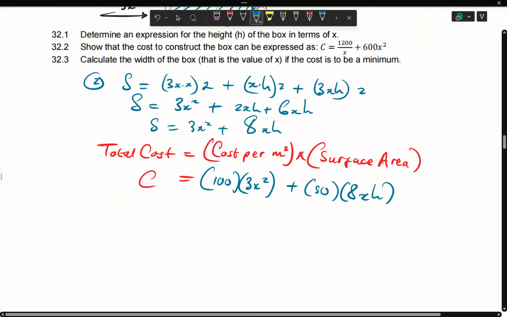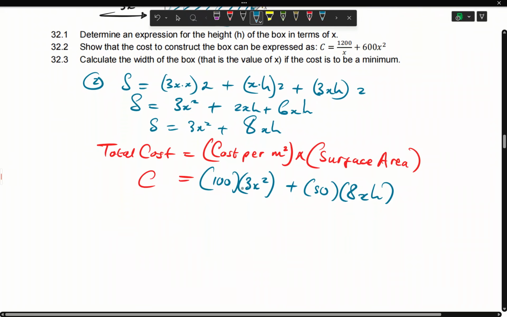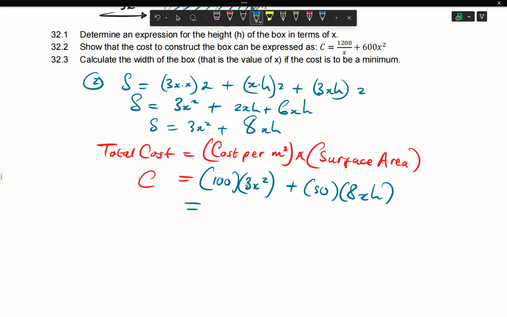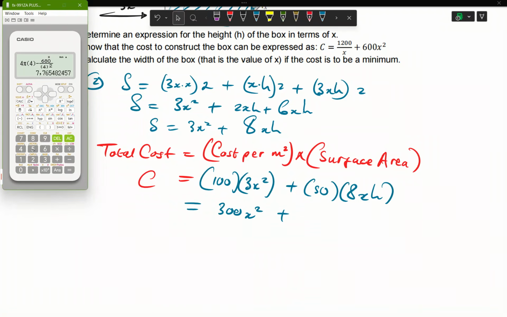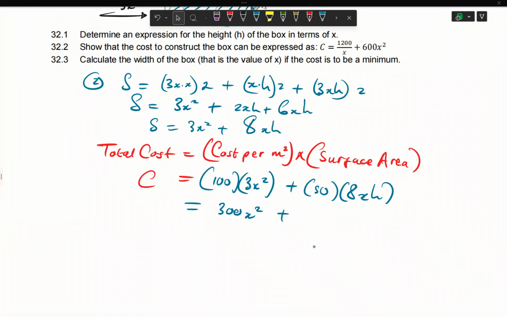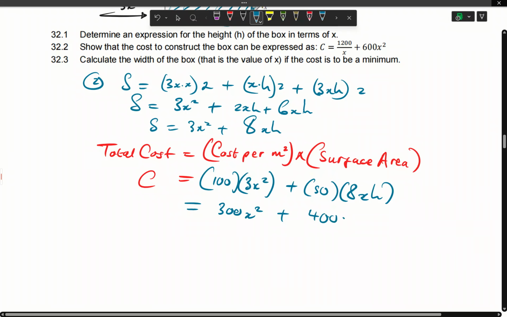Now let's see what you'll have there. This is going to give you 100 times 3, which is 300 x squared, plus 50 times 8, which is 400 xh.